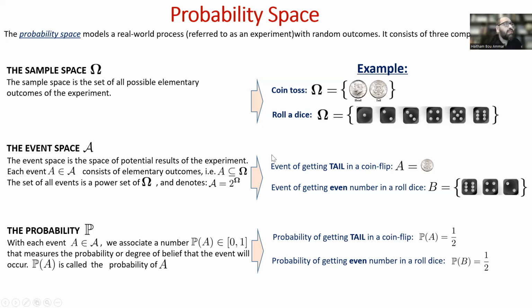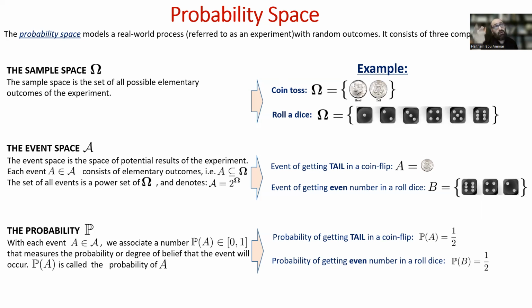Okay? So this is what the probability space is. The probability space allows us to reason about real world processes which have random outcomes, and it will have three important things that will define it. The first is the sample space, which is the space of all the possible things that can occur. The second is the event space, so that's an event space of potential results from our experiment.